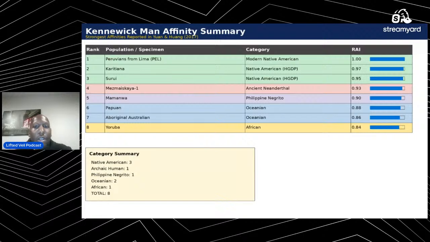So pretty much the only place that signal was found in the world that they know of, or at least found to date, was in these two Amazon populations. So here again, Kennewick Man is sharing a high affinity with these two populations. Just keep that in mind.